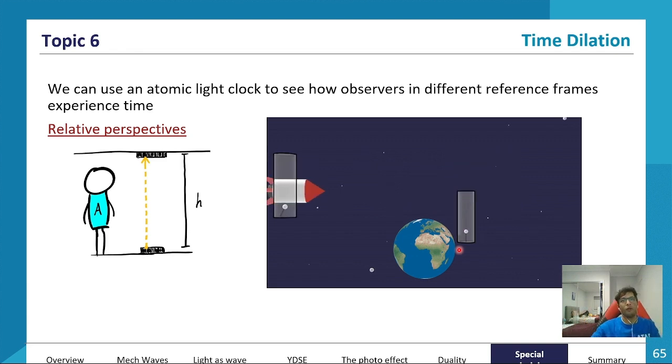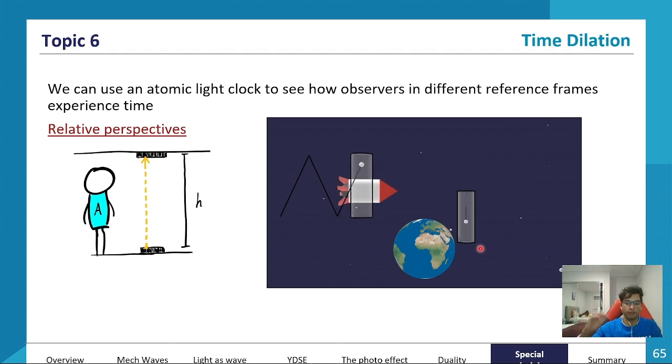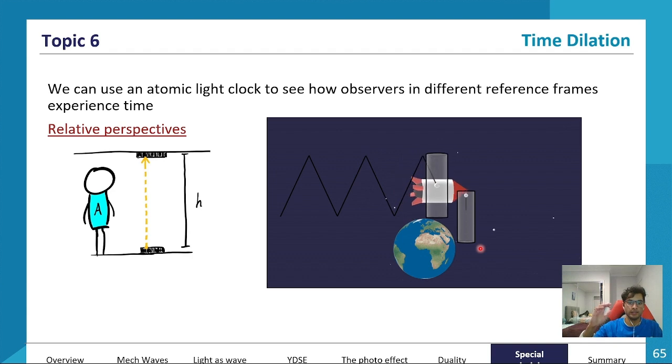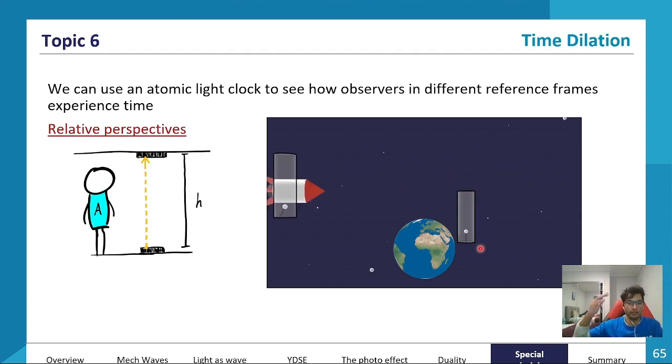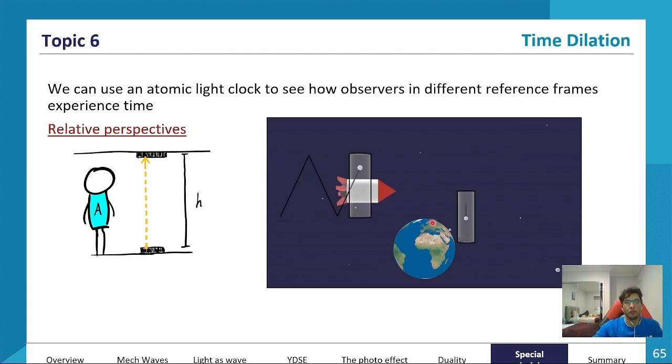So here's the thing. When you're on Earth, the up-down motion of the clock is going to work as expected, right? Because you're next to the clock. It's just going up, down, up, down, up, down. But from your perspective, when you're looking at the rocket, the electron is traveling a longer distance, right?